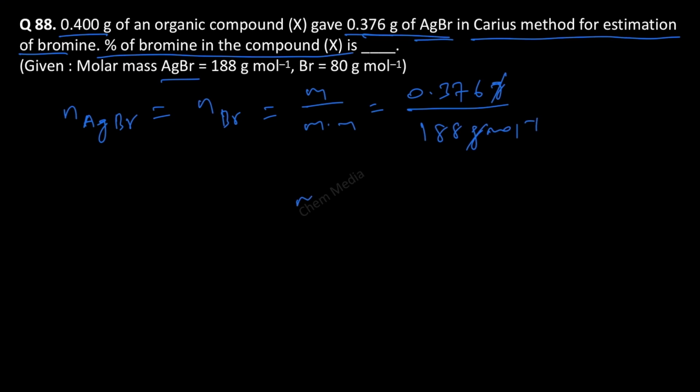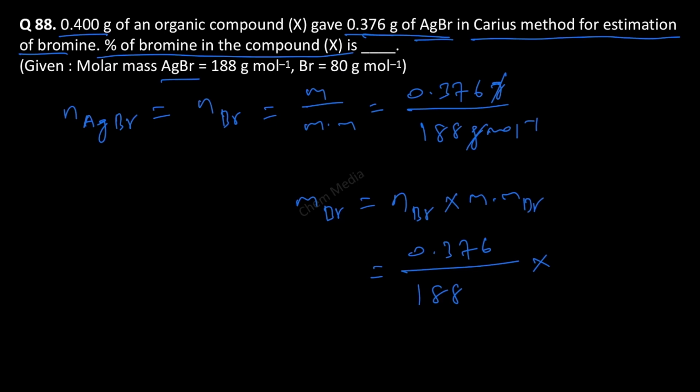Now mass of bromine is equal to number of moles of bromine times molar mass of bromine. So therefore this is equal to 0.376 divided by 188 times molar mass of bromine is 80 gram per mole. Why we use this? Because number of moles of AgBr is equal to number of moles of bromine.